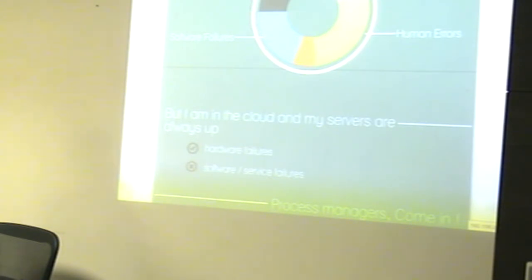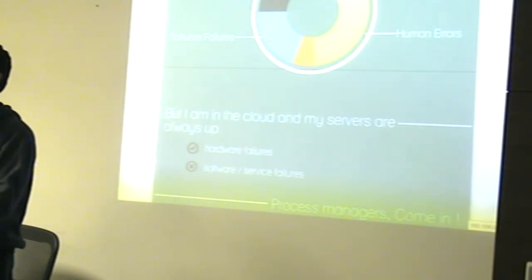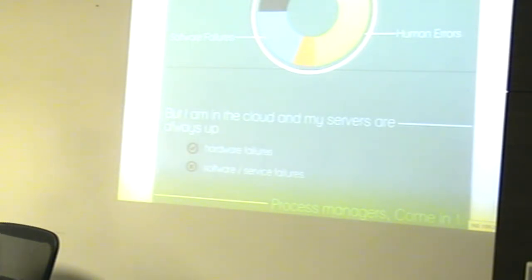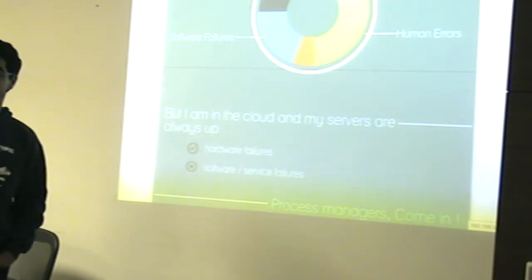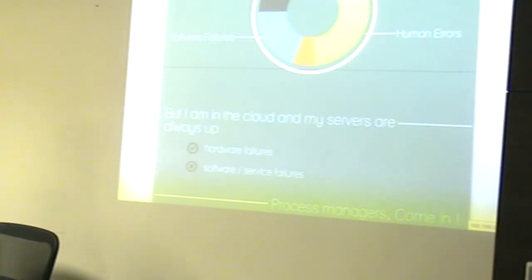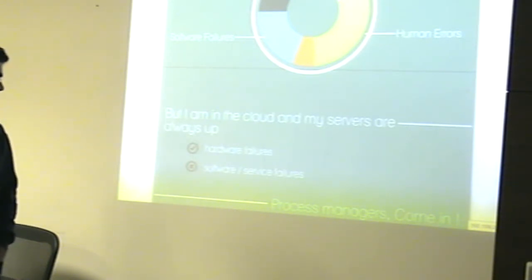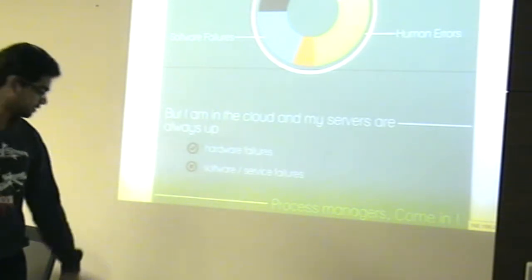How many of you run a Django app or Node.js app or Rails app? Somebody from your team pushes a bad commit to the app and the app goes down. There is nothing you can do. Even if you are in the cloud, your app will go down and it will cause a downtime on your service.